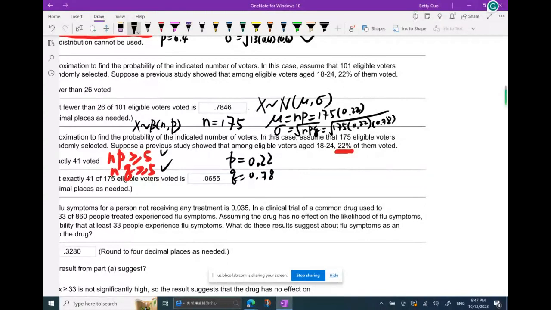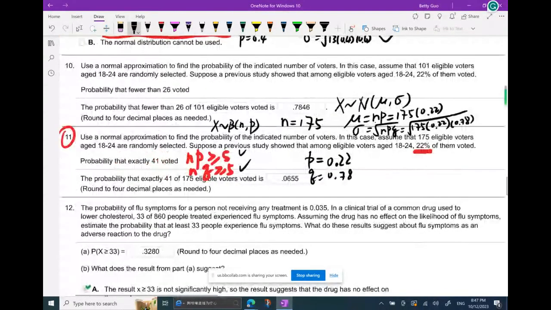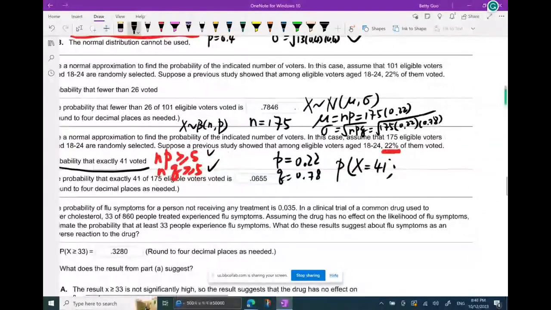And we are estimating the probability that exactly 41 voted. You might wonder, why do we need to approximate when we actually could use the binomial function to find the exact value? It has its benefit, or in theory, this actually reveals the connection between the two distributions.